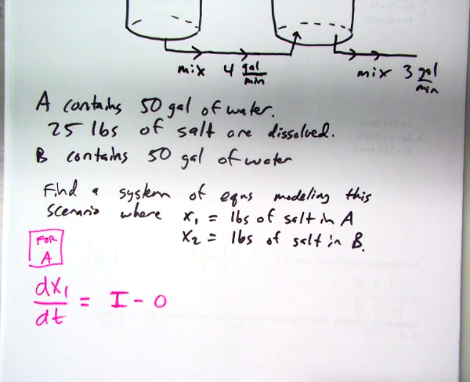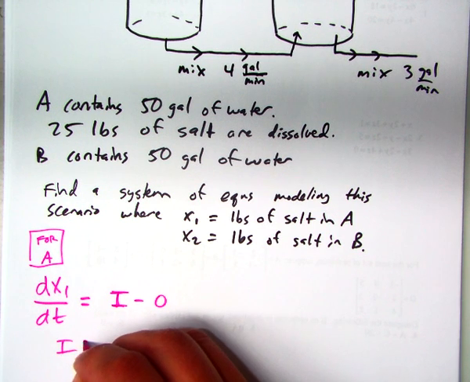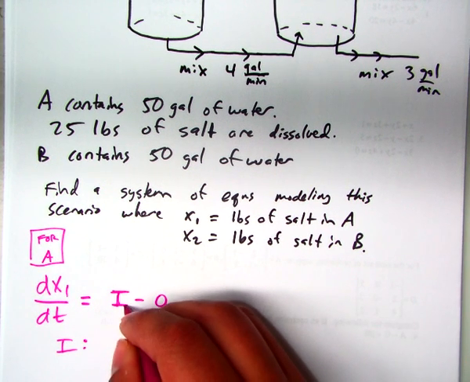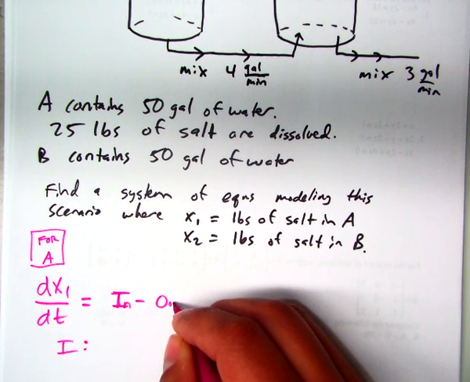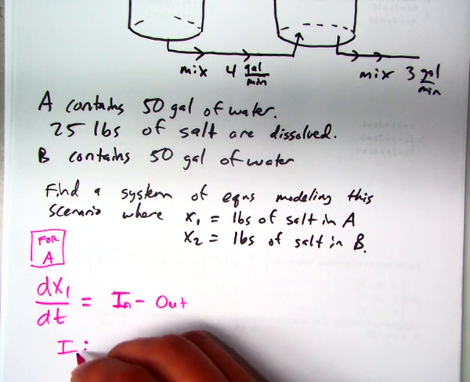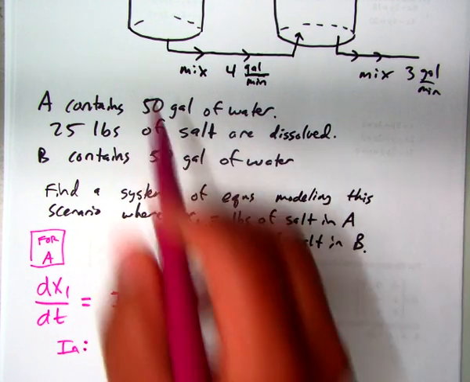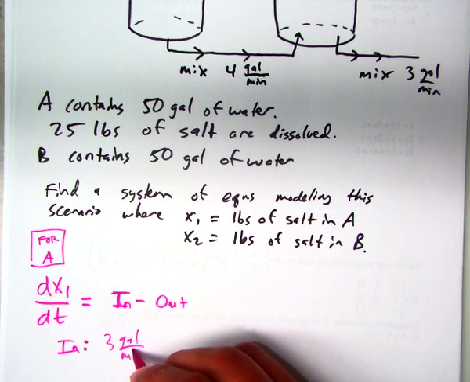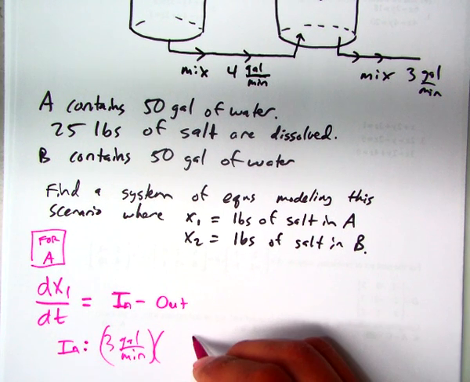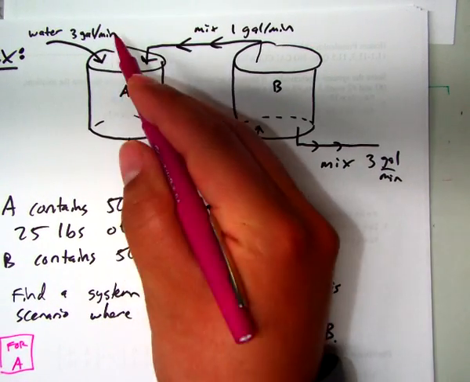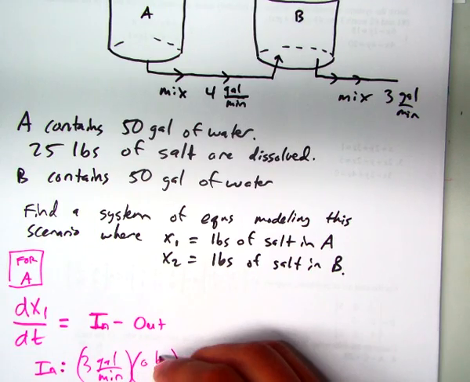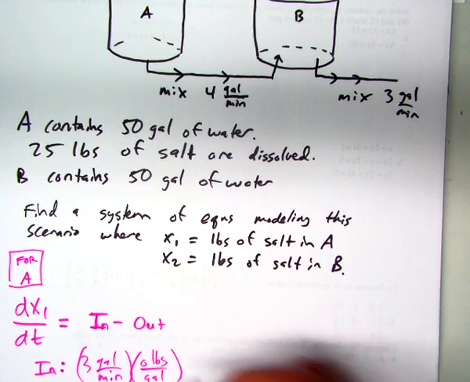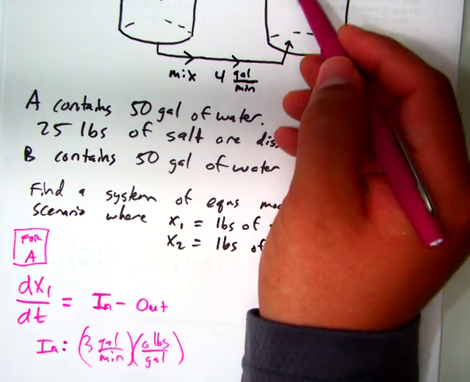So let's figure out what's coming in. Maybe I'll write in, out. Coming in, we have 3 gallons per minute. But how much salt per gallon are we getting pumped in through there? 0 pounds per gallon.